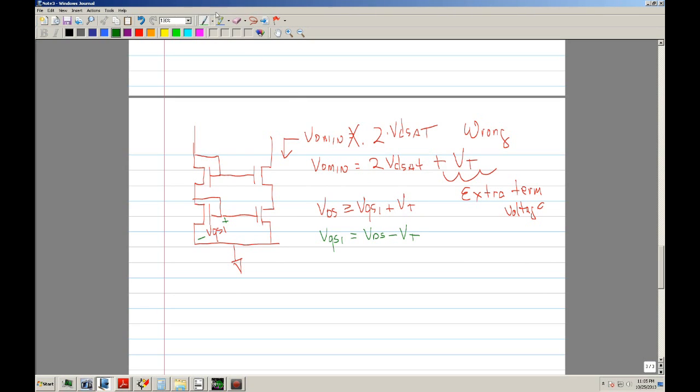I'm sorry, should be plus. Should be minus, so flip to the other side, so it's plus. So that means that at this point you have VDS plus a VT.